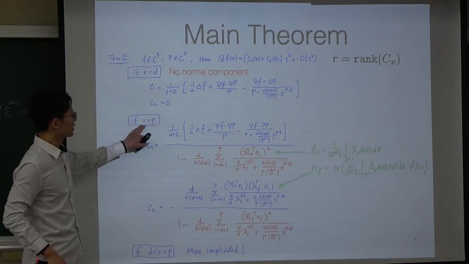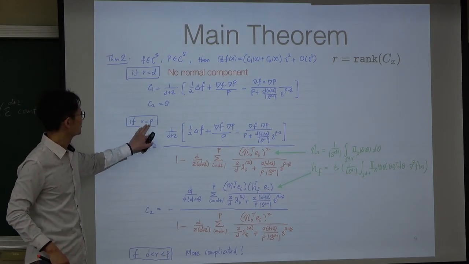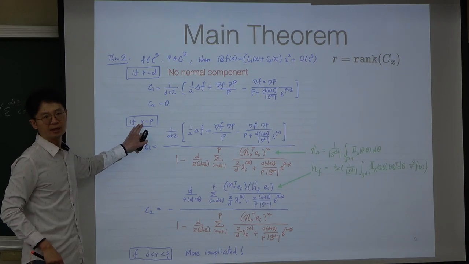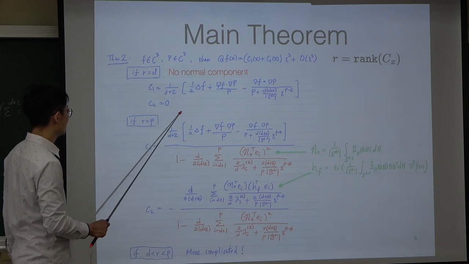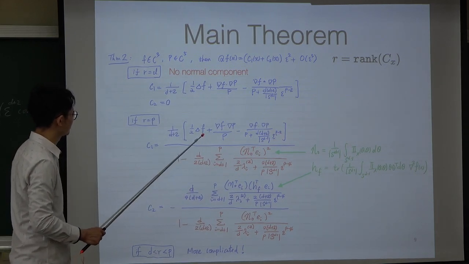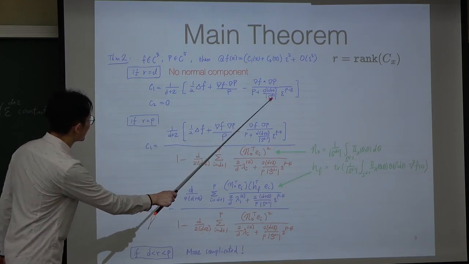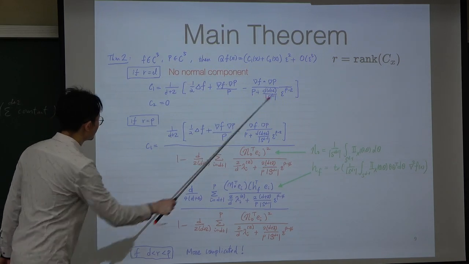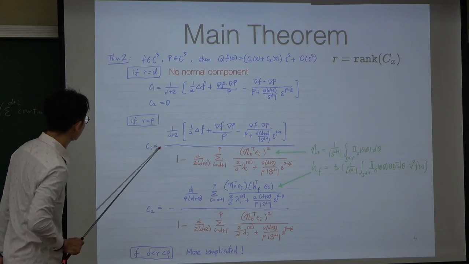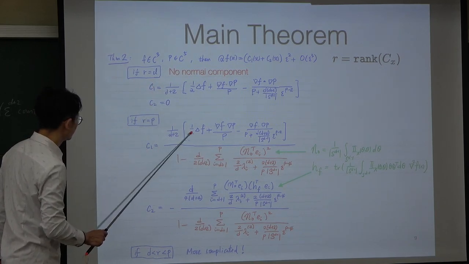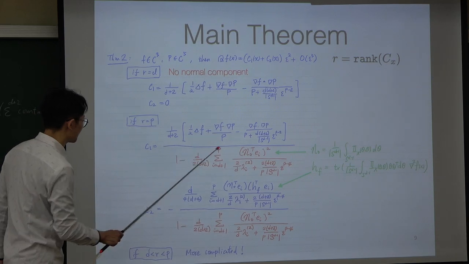Another extreme is when the rank is full. It's full rank P, then in this case, you will get something a bit, well, actually quite crazy. You can see C1 is almost the same, but you have some normalization.